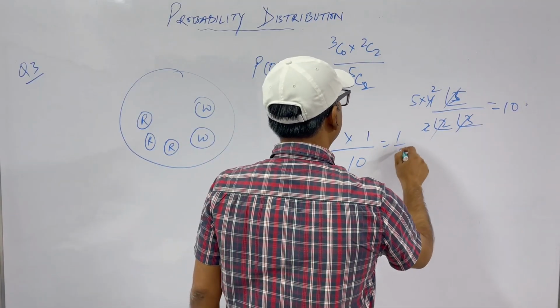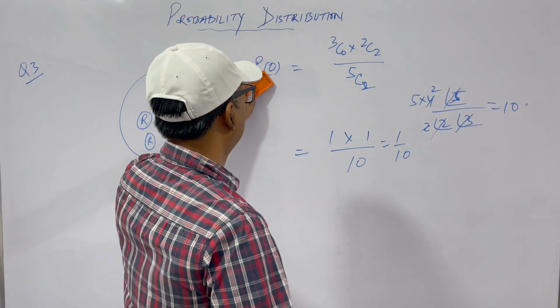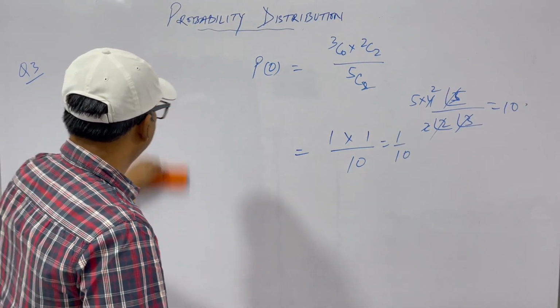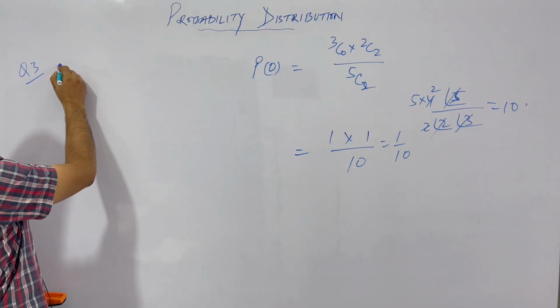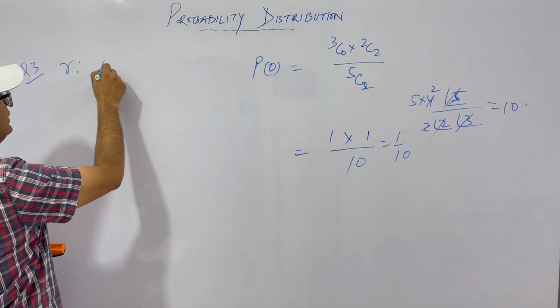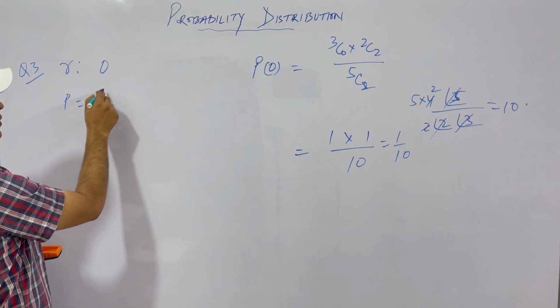So the probability is 1 by 10. I am writing it here properly: for R equal to 0, the probability is 1 by 10.